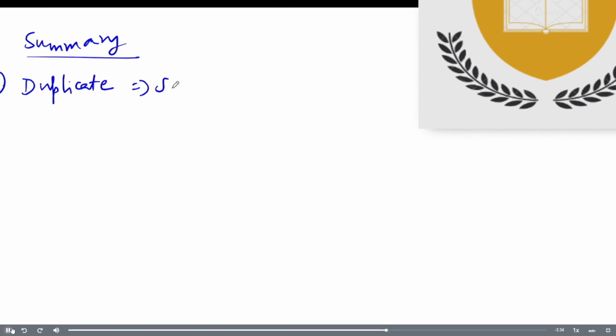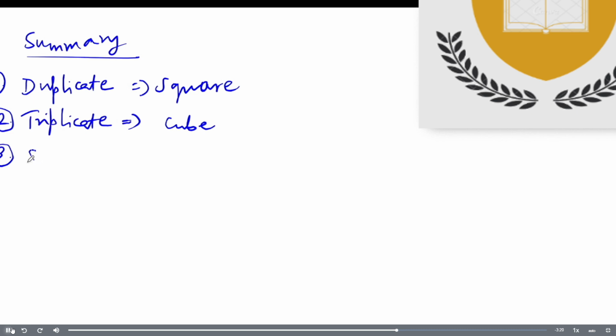Let's summarize whatever we have so far learned. We have seen what is a duplicate ratio, that is the square. What is a triplicate ratio? That is a cube. What is a sub-duplicate ratio? That is the square root.